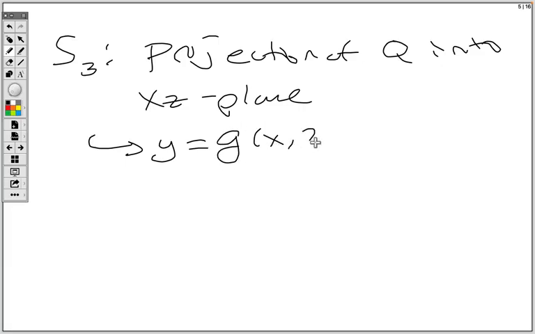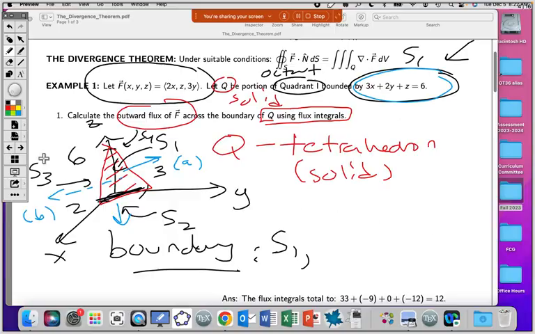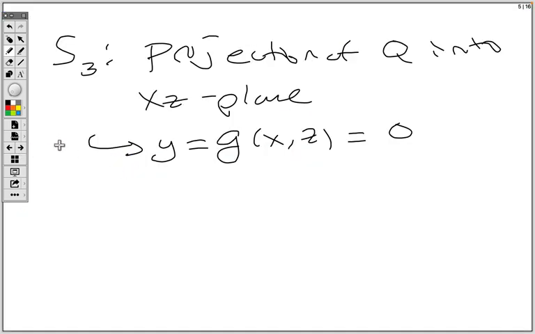So I have y as a function of x and z. That's 0. And which direction do I want? Do I want the left or the right here? Which of these directions would be out as far as Q is concerned? The left.